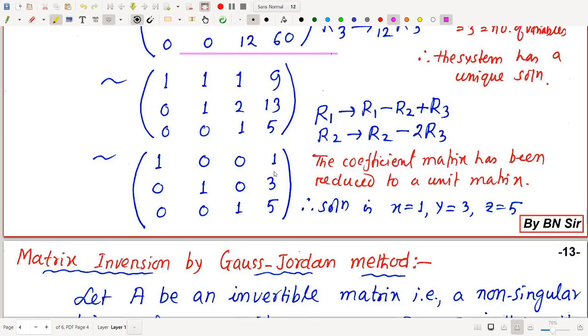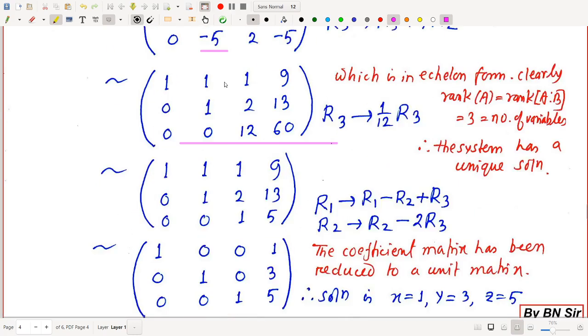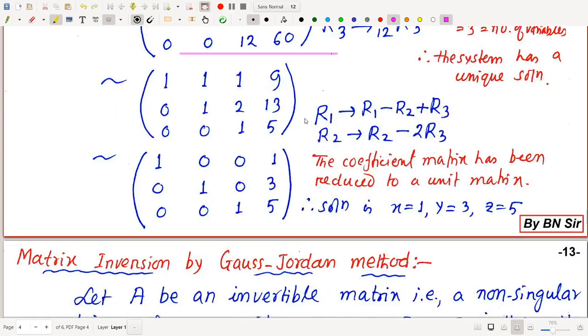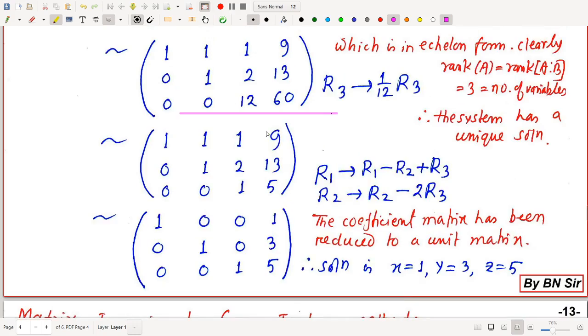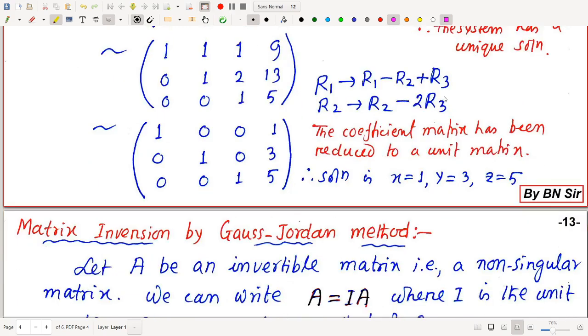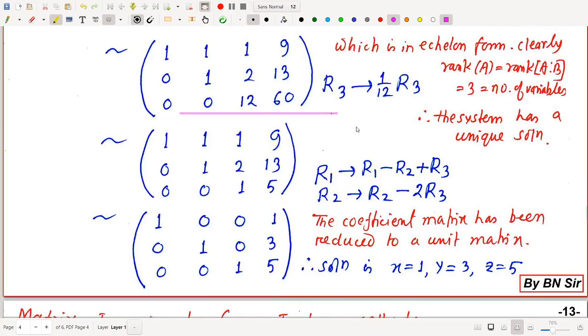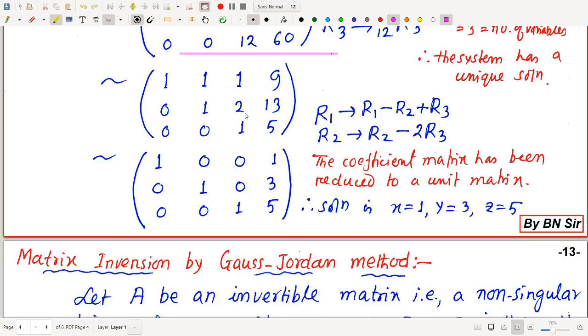Here only 2 operations made it a unit matrix, but in other problems there may be 4, 5, 6 steps after this to make it a unit matrix. So actually the Gaussian elimination method is better. The Gauss-Jordan method gives the answer readily, but at the cost of additional calculations.